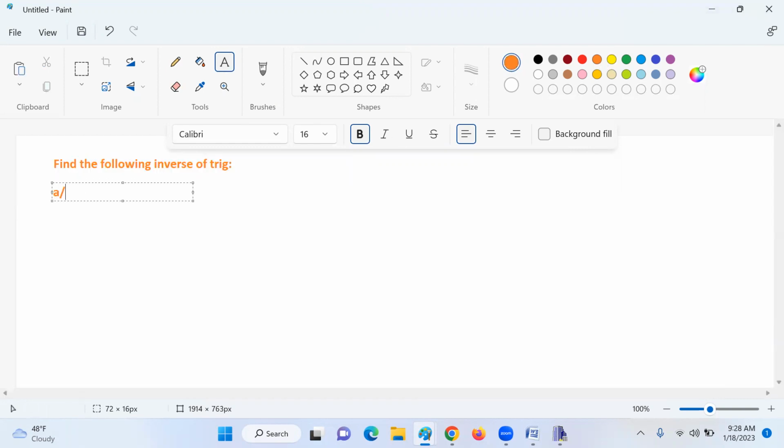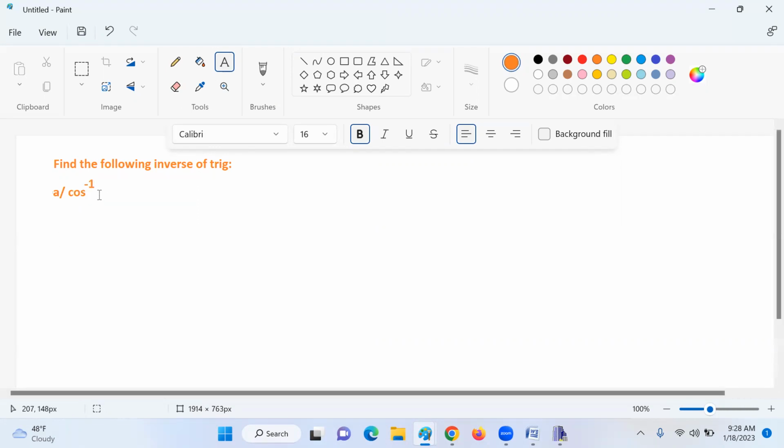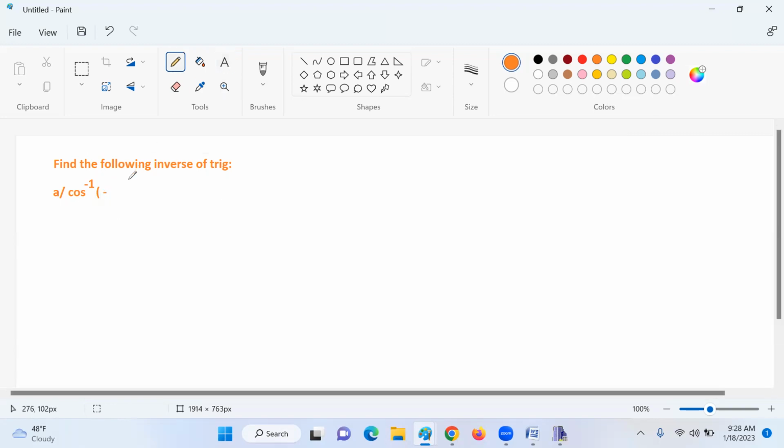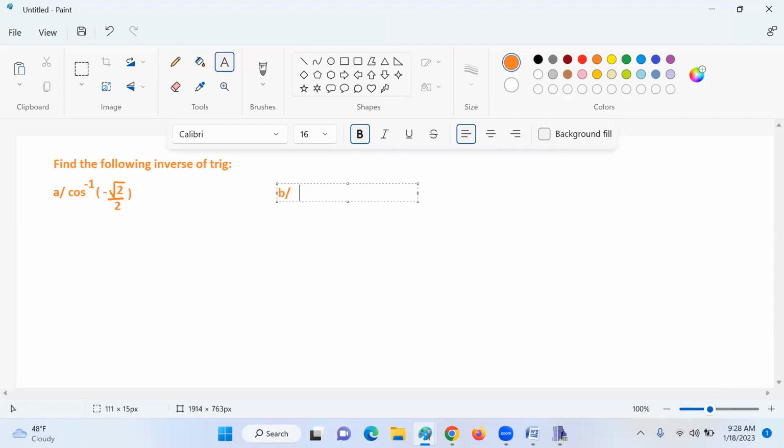Let's say we have the inverse cosine of negative radical 2 over 2. Then B, I need to find the inverse of the secant of -1.